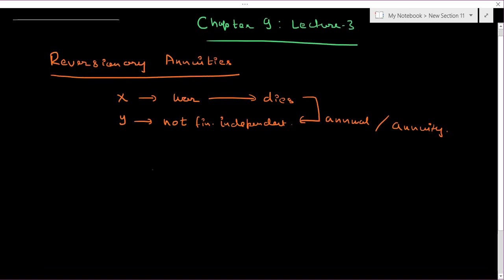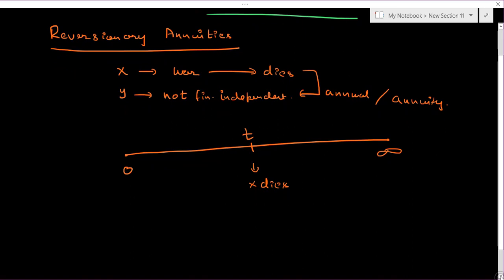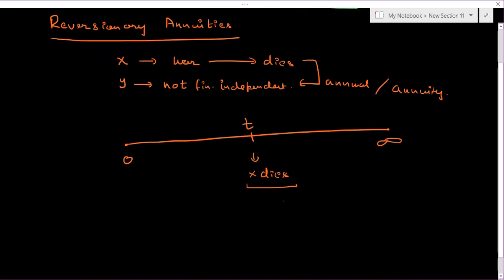Okay, so let's try to make a number line and then decide what we exactly want. So it has to be a perpetual, infinite term contract, right? From time 0 to time infinity. So at some arbitrary time t, I want that X dies, and that is when my annuity will start paying off, right?